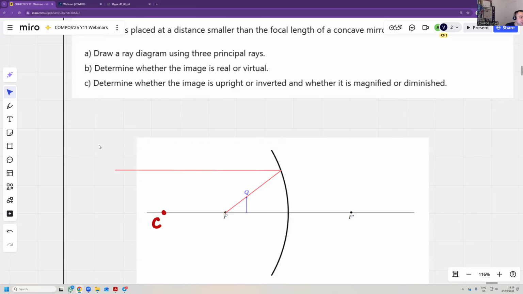Okay. So the first ray goes through the focal point, well, as if it is coming through the focal point, and comes out parallel to the original one.